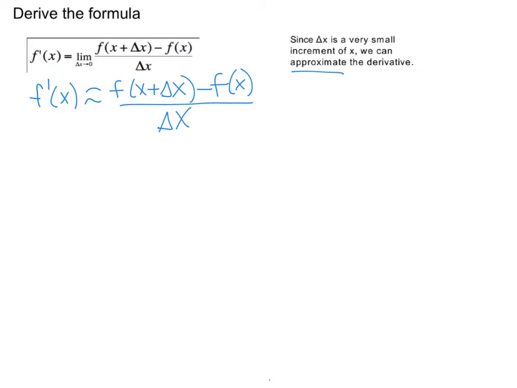So if we rearrange this a bit, we multiply both sides by delta x, so delta x times f prime of x is approximately f of x plus delta x minus f of x.